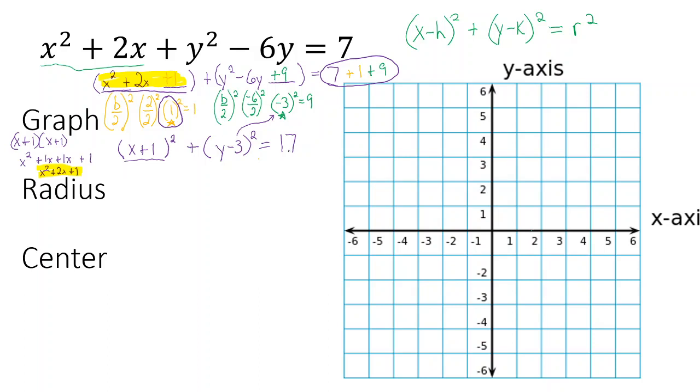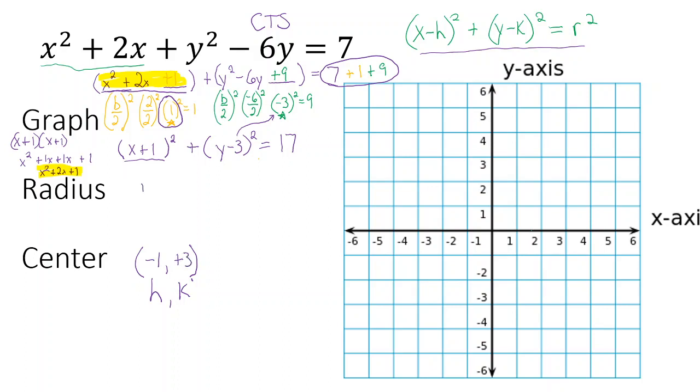Now you can see I can have it in my graphing form, which is right up here. I did that by a process called CTS, completing the square. That allows me to find my center. My center in this case, the HK value, is found at negative 1, positive 3.